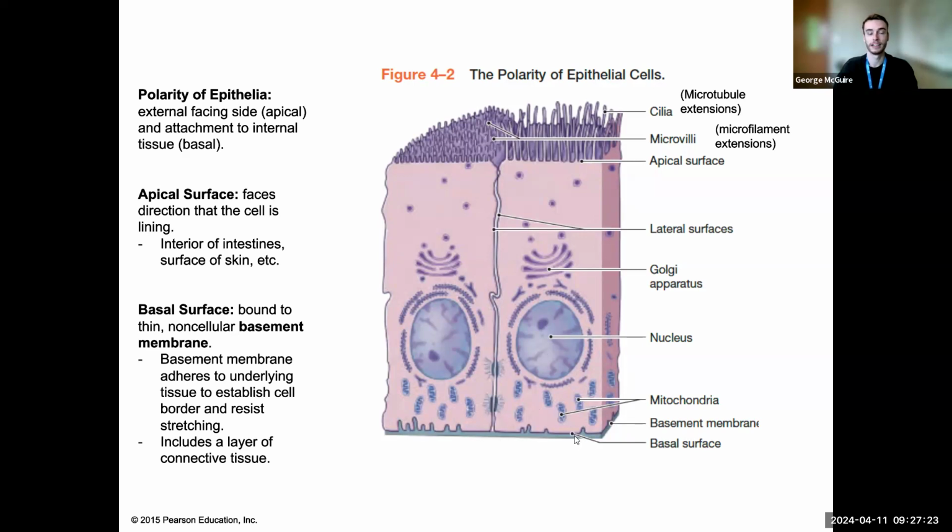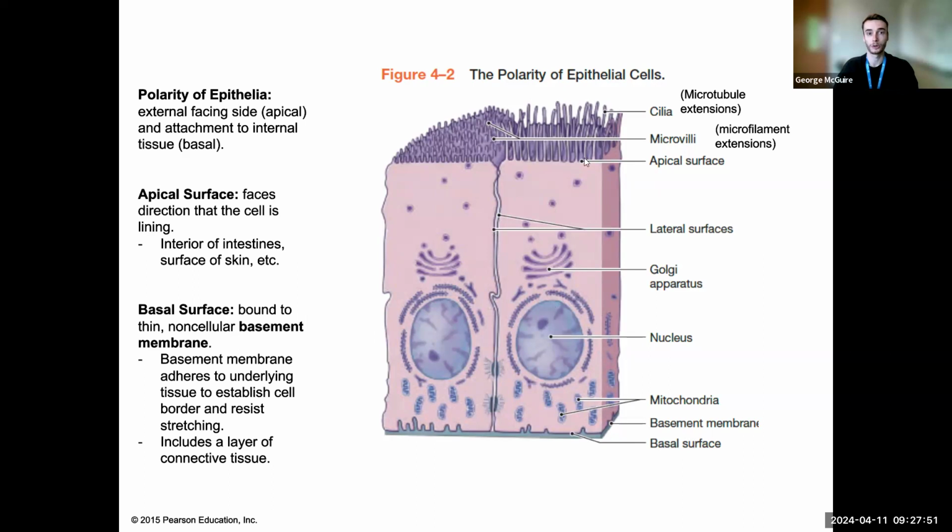And that basement membrane has layers of connective tissue in it. So by forming these junctions, these tight connections with that basal surface, with that basement membrane, that allows flexibility for these cells and keeps them in place. Right? We'll also see a lot of connections on our lateral surface, holding neighboring cells together. But those mean these very different looking two sides of our cell are what give it its polarity.